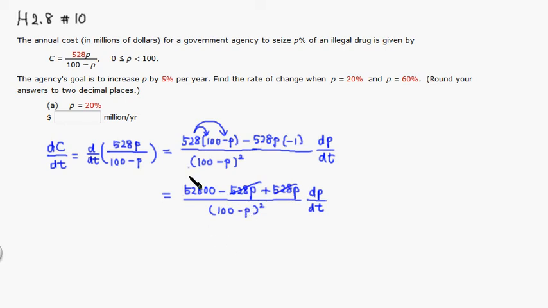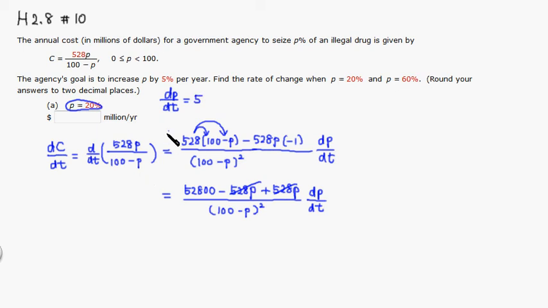Then we can find the value. P is given to be 20, so we can plug that in. And the agency's goal is to increase p by 5% per year, so dp over dt is actually 5.